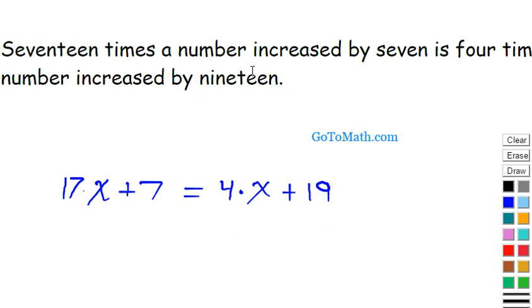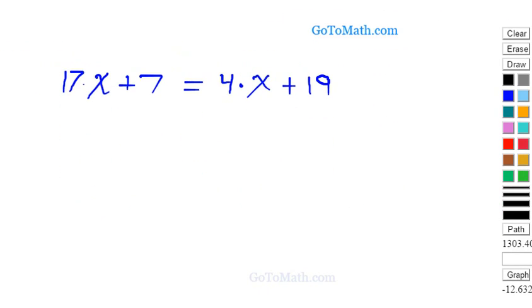We have now deciphered what this says and written it out mathematically. And so now what we want to do is find x. We need to find the solution to this equation. And that's actually not going to be too difficult, right? So let's see, what are we going to do first?